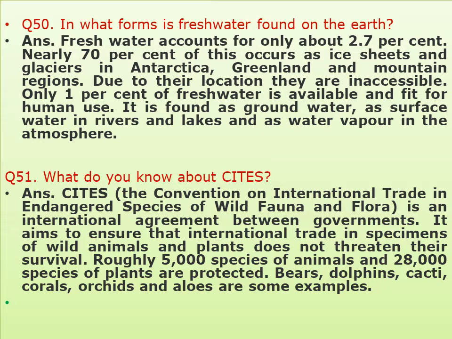It aims to ensure that international trade in specimens of wild animals and plants does not threaten their survival. Roughly 5,000 species of animals and 28,000 species of plants are protected. Bears, dolphins, cacti, coral, orchids, and aloes are some examples.